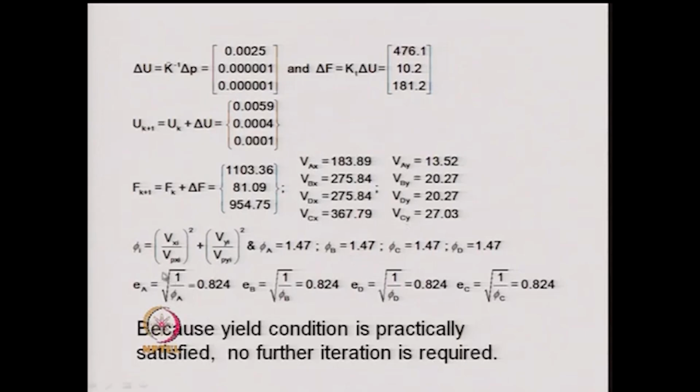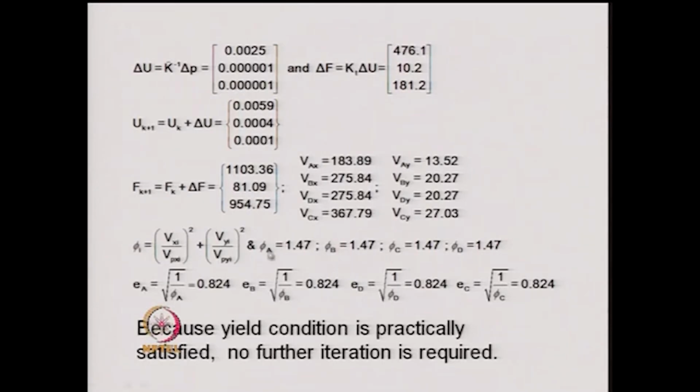Then we check for the yield condition by utilizing this equation, and we find that for columns A, B, C and D, for all the columns the yield condition is violated, that is it has become more than 1.